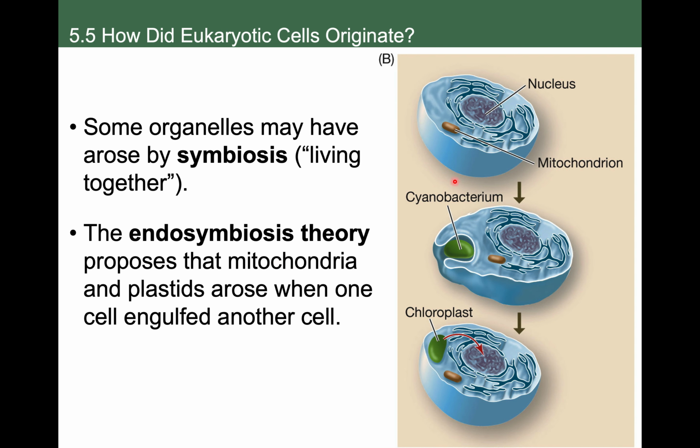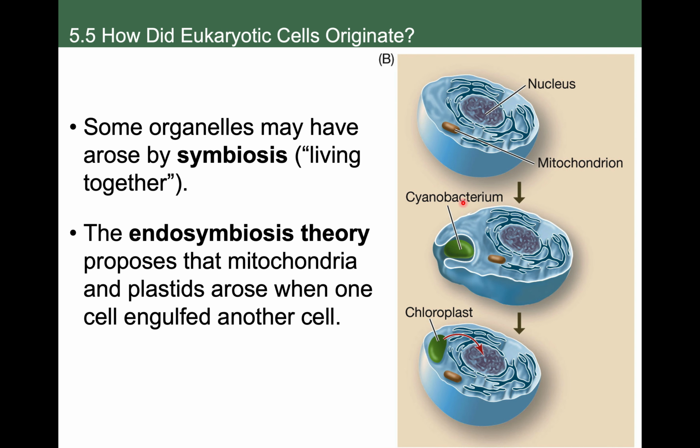And the basic idea here is that these free-living bacteria, one that was essentially really specialized for ATP production, or one that was capable of photosynthesis, found themselves being taken up inside of another cell, and instead of being digested, were able to survive inside that cell, and there was presumably benefit to both parties here.